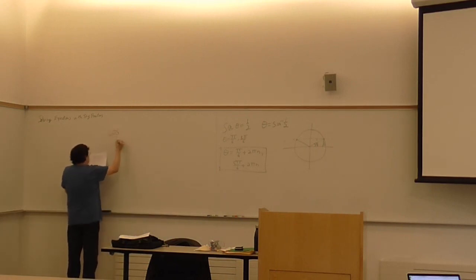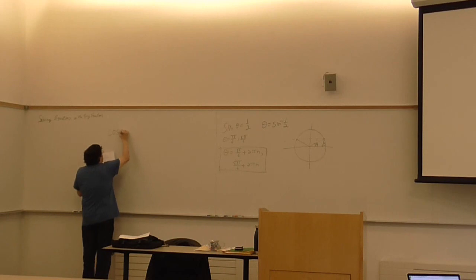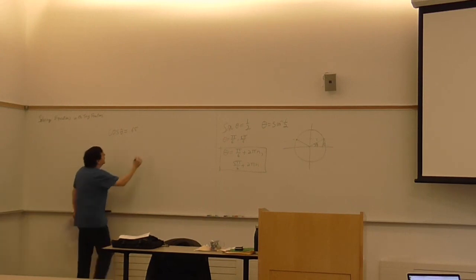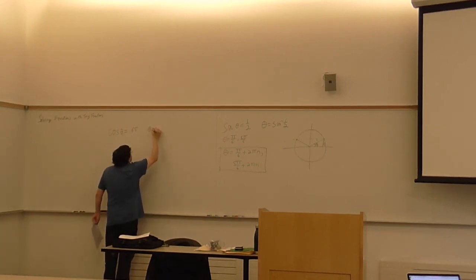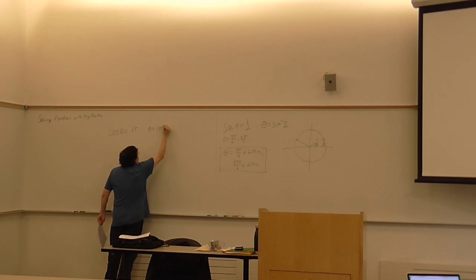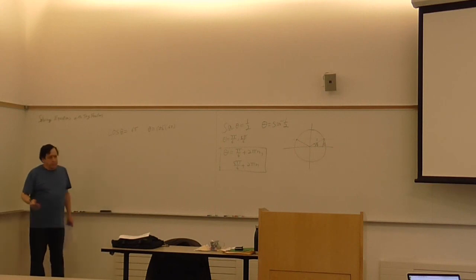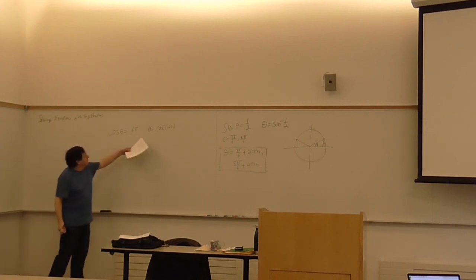Let's say instead of some nice value, we have the cosine of theta is equal to 0.65. Or theta is the inverse cosine of 0.65. That's radians. No, that's not radians.